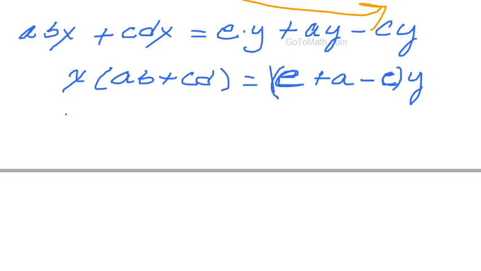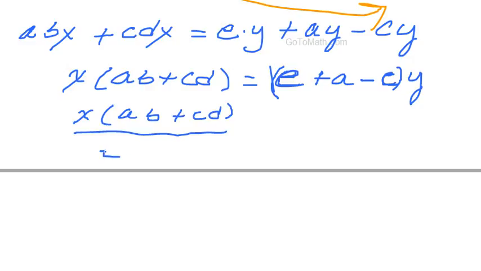Alright, so let's go ahead, rewrite AB plus CD over E plus A minus C. And even after telling you that, I actually looked at that and I almost wrote an E. So watch out for that.